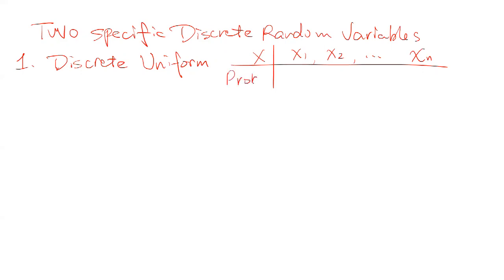The probability of them being these values are all the same, which is 1 over n. So X is uniformly distributed across these values. There is a special formula to calculate the expectation of X if X follows a discrete uniform distribution, which is 1 over n multiplied by the sum of all possible values of X.